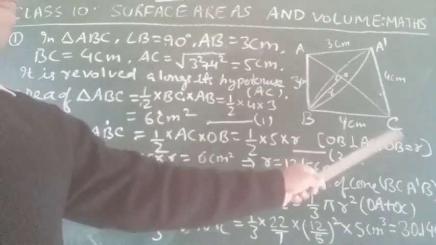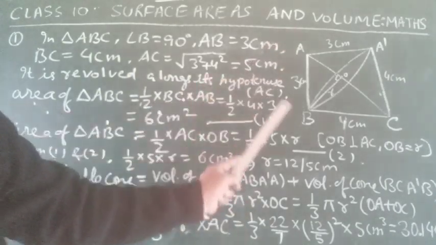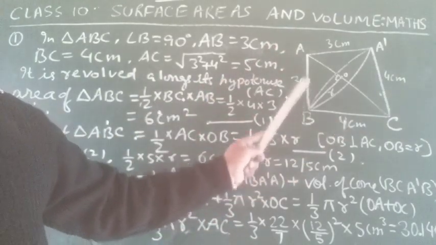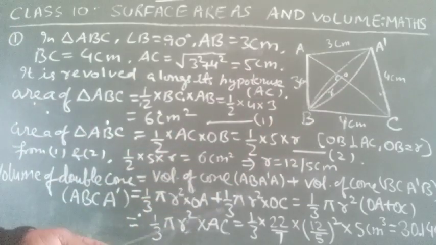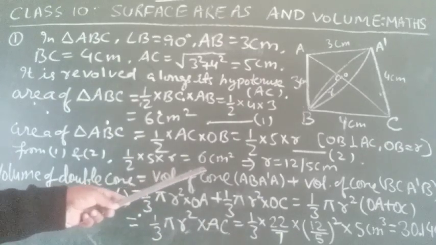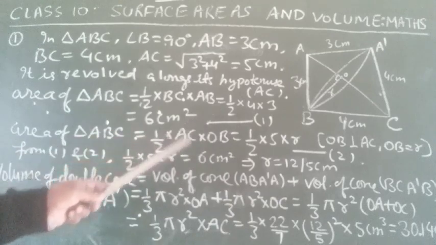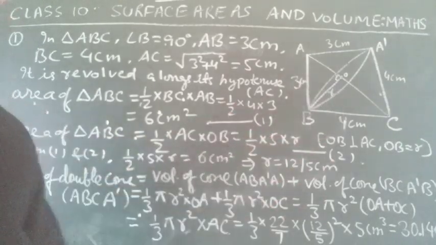AC value is 5, OB value is taken as R, so half into 5 into R. By both ways, you can find the area of ABC. So if you equate, half into 5 into R equals 6, and we can find the radius of this cone.